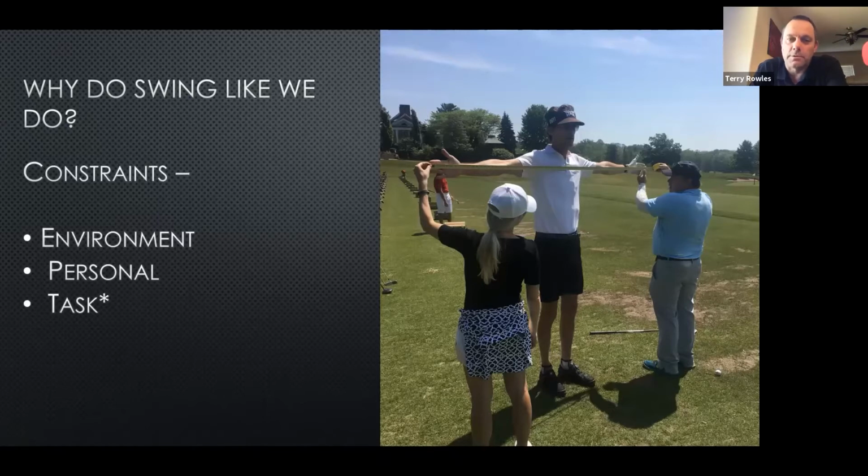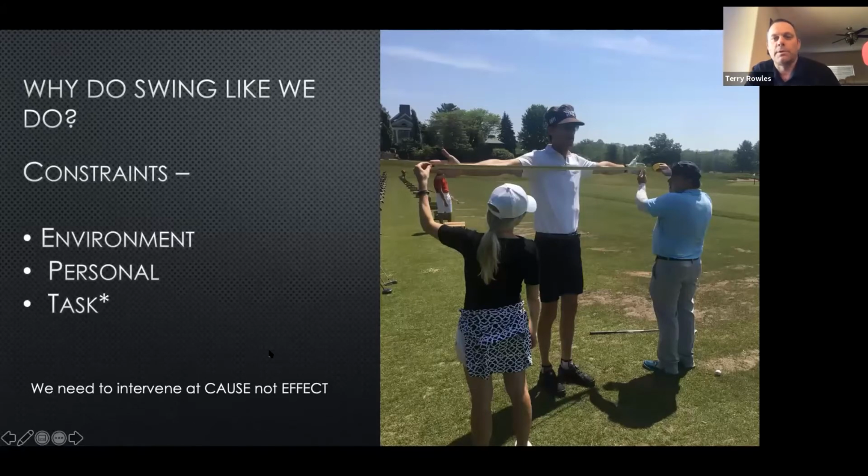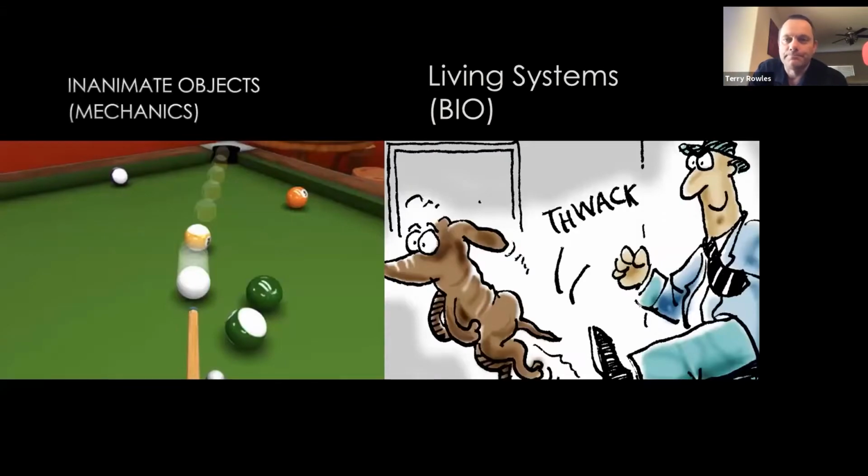And then what I'm going to talk about with this grip study is how your outcome drives your swing. The important thing knowing that is that we need to intervene at cause, not effect. And that's what we talked about this morning: we might try and change the way a backswing looks, but in reality, it could be an aim or a setup issue. So watching Mike and I teach, we do a lot of setup.